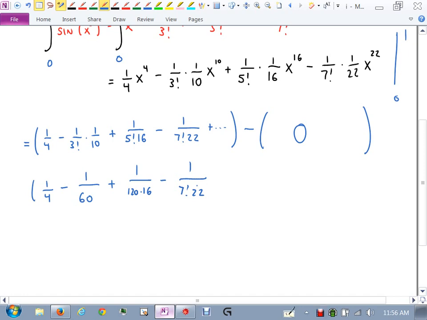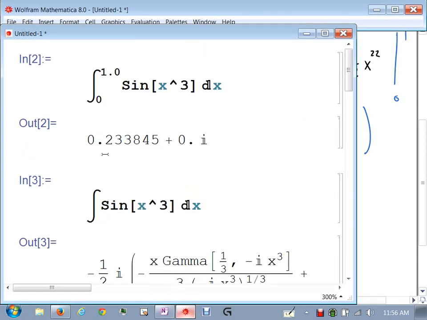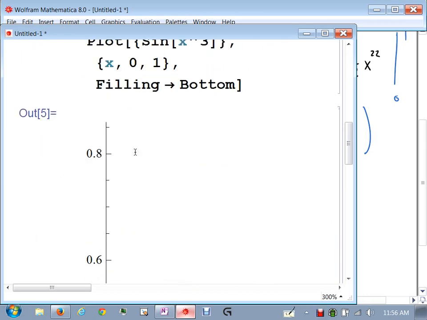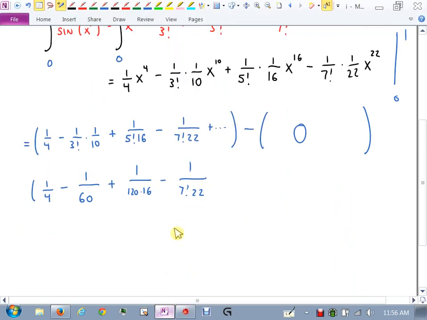I got 0.2338451479. It's the way you put it in. We can talk about that if you want, but you have to just trust that this is coming out to match up pretty close to what Mathematica has. Yeah, and so we are within a certain tolerance.